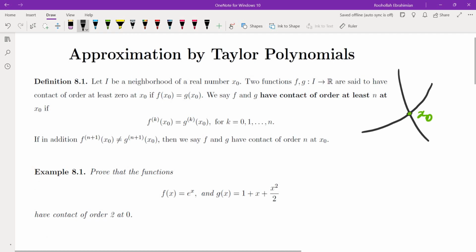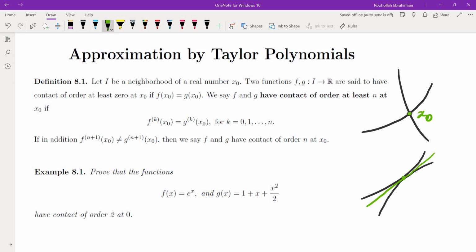If, however, you choose two functions that not only touch each other but also go along the same direction, in other words, the values at that point are the same and the directions are the same, meaning the tangent lines are the same, then those two functions are even closer.